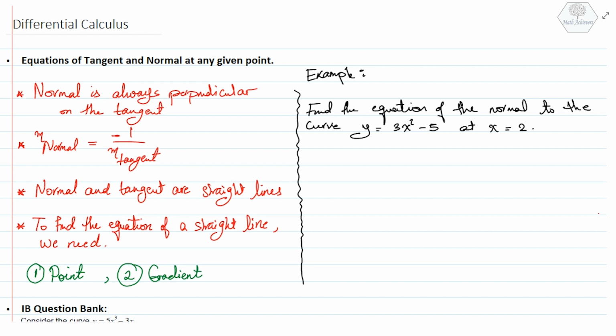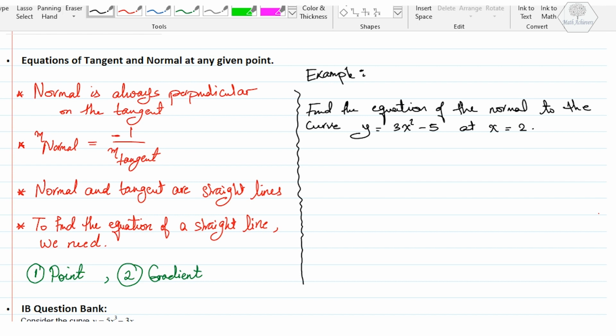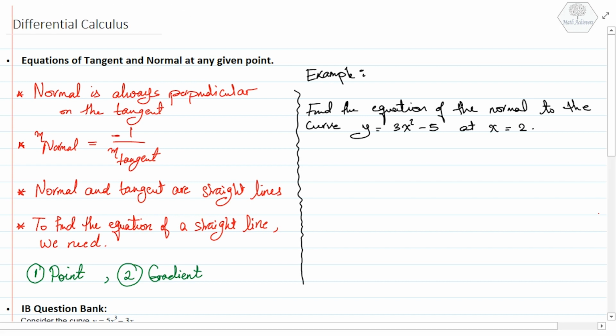The first thing that we have to do is to find out the gradient of the tangent. So the first thing I need to find out is dy over dx, which is equal to 6x. Then I need to substitute the 2 in my first derivative to find the gradient of the tangent. So dy over dx at x equals 2 is equal to 6 times 2, which is 12.